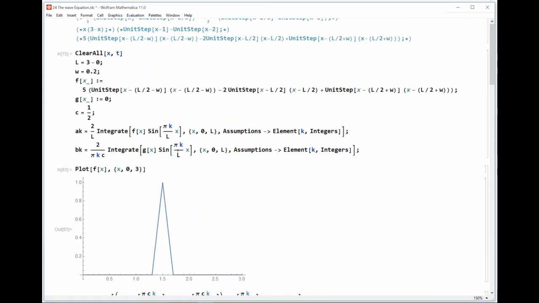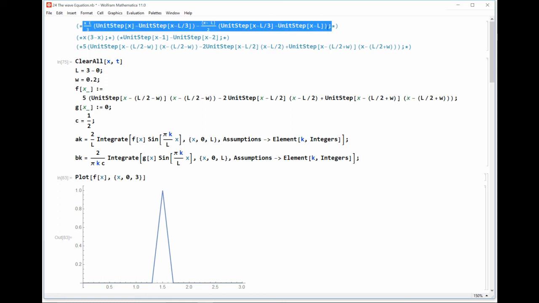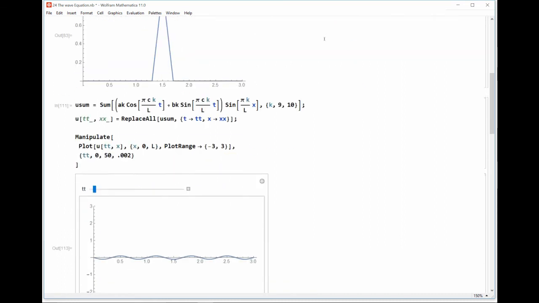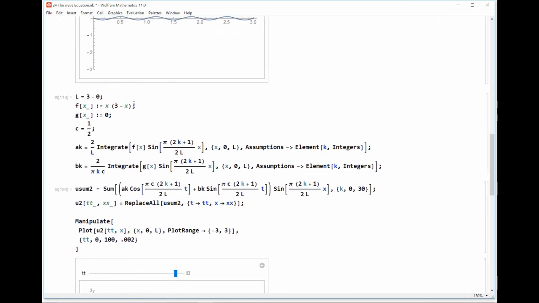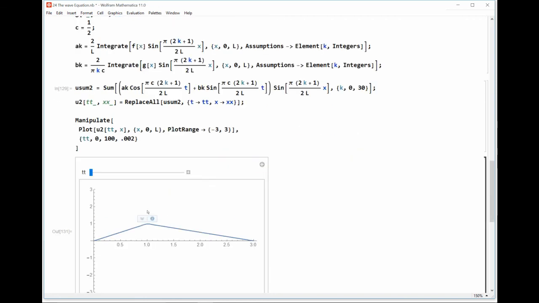Let's try all other functions that we have. So let's try a string that was plucked and then released. So here's our plucked string. Let's see what happens as time progresses.